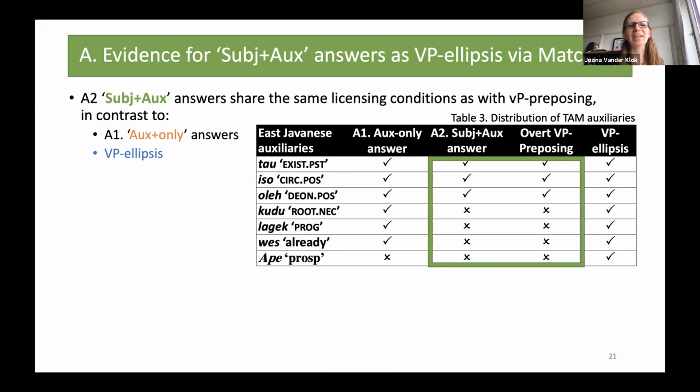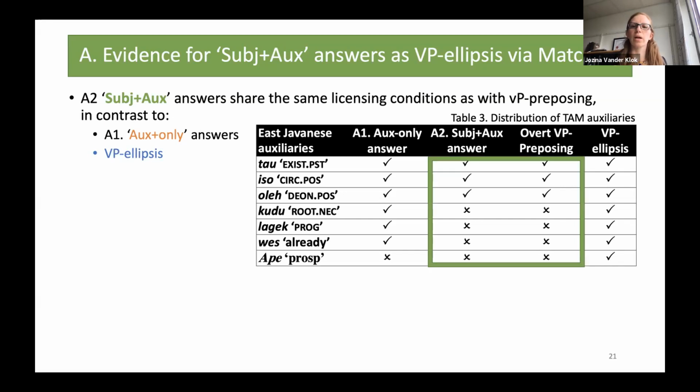But the observation is that subject auxiliary answers share the same licensing conditions with their TAM auxiliary distribution as with overt VP preposing. So you can see that only a subset, namely the past tense marker and root possibility modals, isol and ole, like can or may in Javanese, are possible in these constructions. All the other auxiliaries are out.